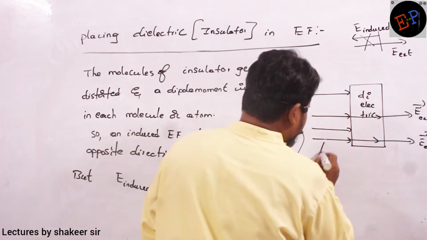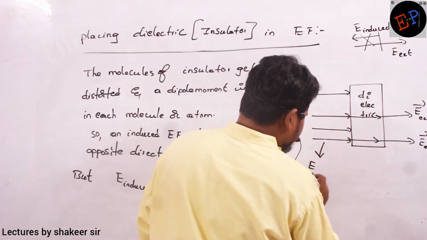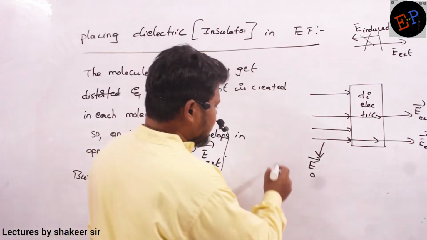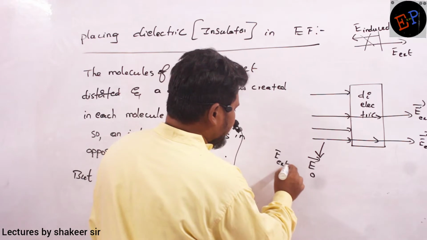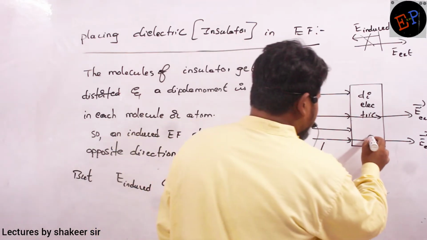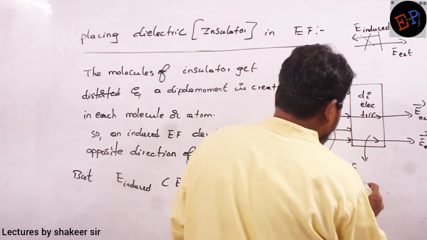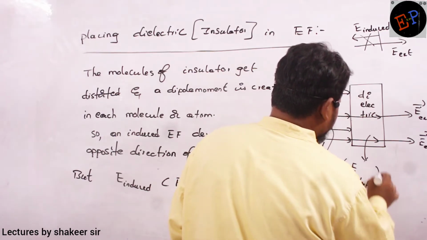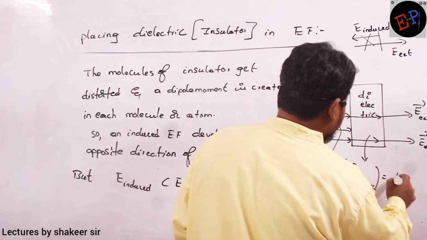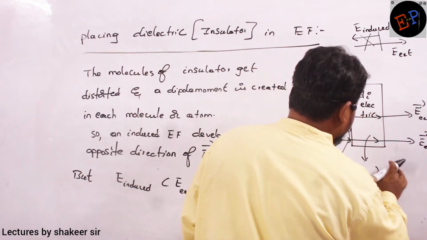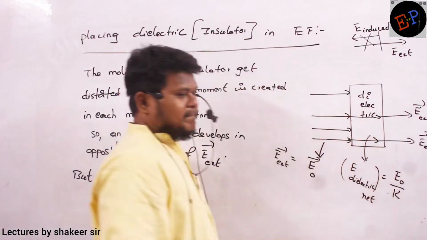So here how much will be the electric field? Here electric field will be E naught, external electric field, E external. Okay. But the net electric field inside the dielectric will be how much? It will be E naught divided by K. Okay.